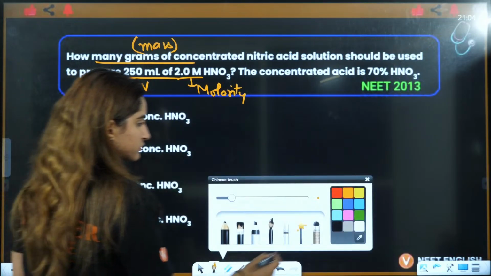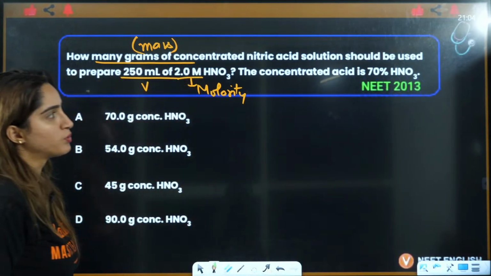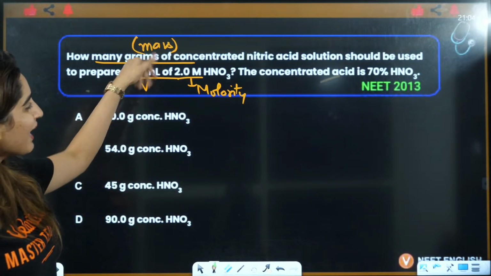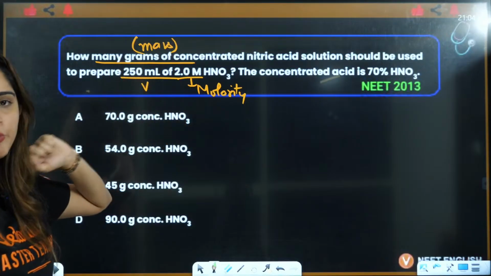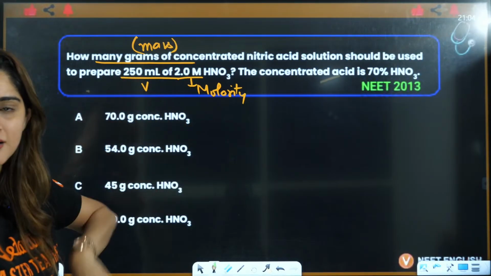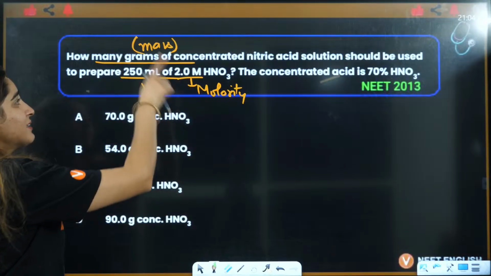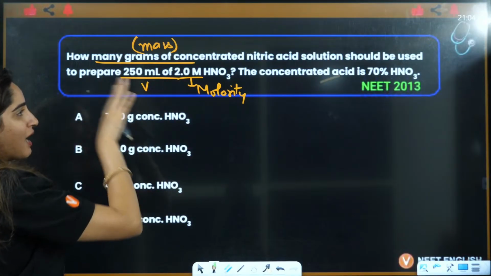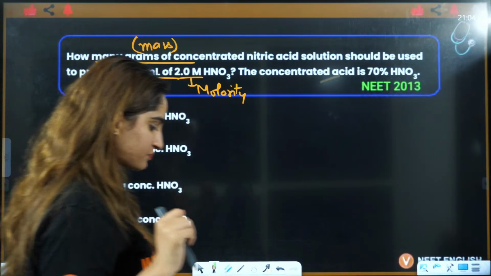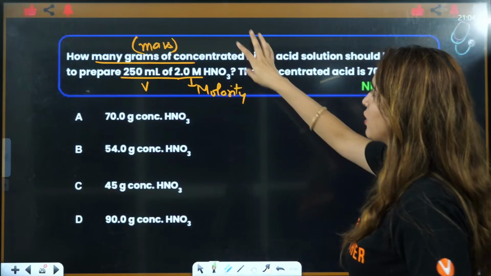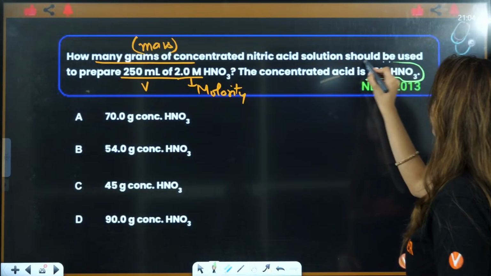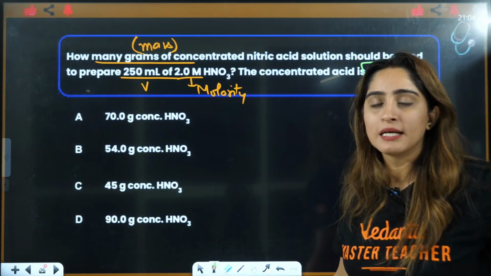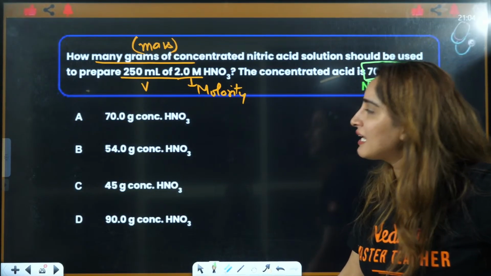Now, firstly, what you should know. By this, you know that they are asking the mass, molarity you know, volume you know, so easily you can calculate the mass of the solute. But they are not asking the mass of the direct solute. They are saying that it is a concentrated nitric acid solution which is 70% HNO3.